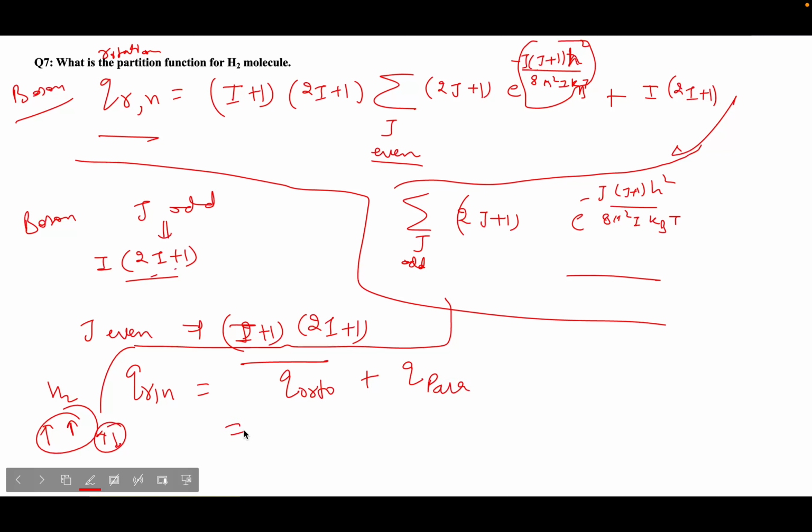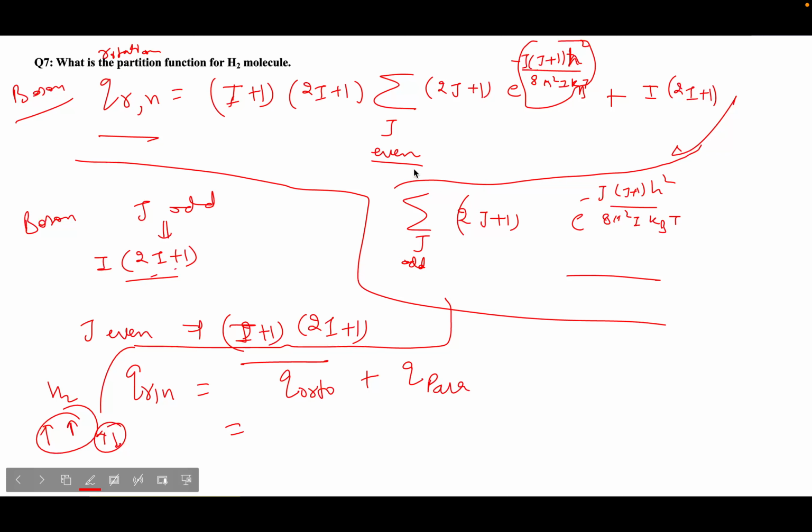So for ortho, I is equal to 1, so this is I plus 1 plus 1, this is 2.